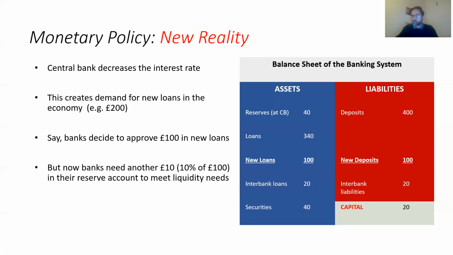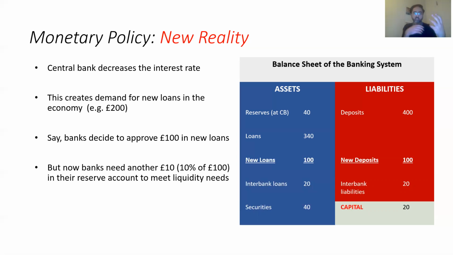So what is going to happen? It is very simple. The central bank is going to step in and say, okay, whatever liquidity you need in order to make sure that the equilibrium is sustained at the level of the interest rate they have already set, they'll intervene and provide that liquidity to the banking system.